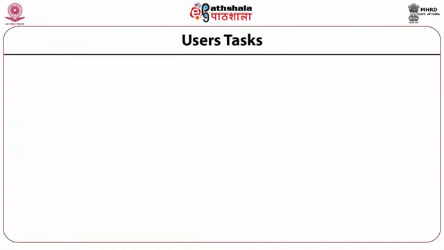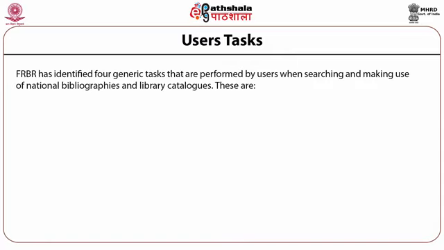What are the user tasks? FRBR also very rightly identified 4 generic tasks that are performed by users. When are they performed by users? While searching and making use of national bibliographies and library catalogs. So, while searching the library catalog, what are the users doing? What search method are they using?